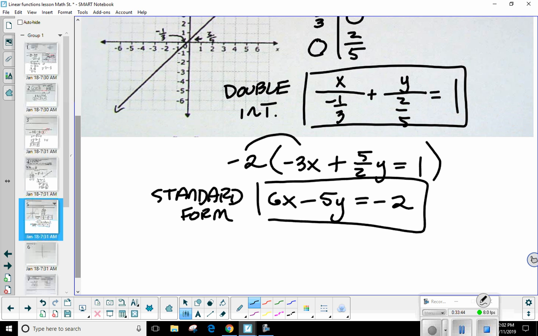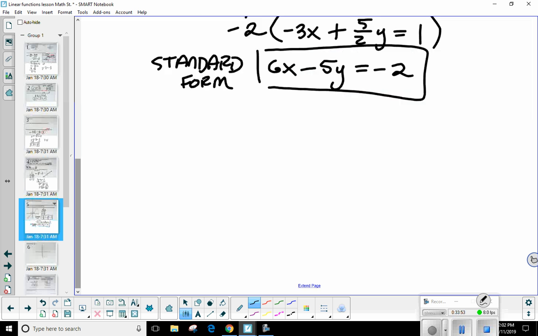Okay. So now let's take standard form and rewrite it in slope-intercept. So that means I want to solve for what? I want this equation to now read y equals. So this would be negative 5y equals what? Negative 6x minus the 2 that's already there.